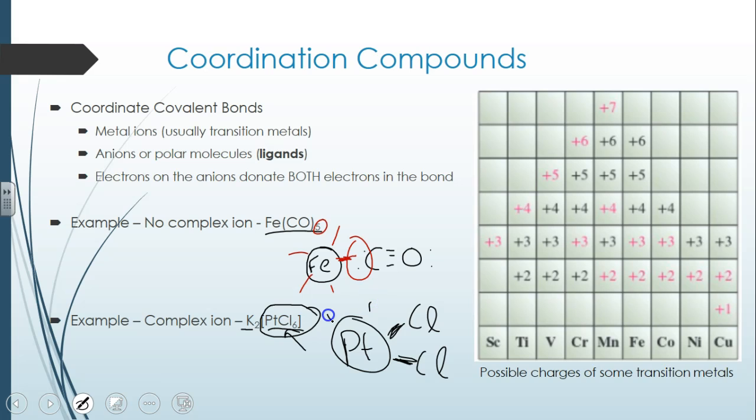And so then that's surrounded by 6 chloride ions, and then the potassium ion is attracted to this because this overall thing is a 2 minus charge, and then each potassium is attracted to that, just like in regular ionic compounds.